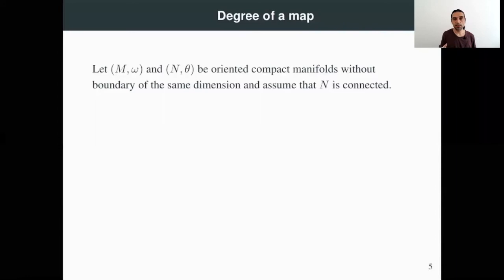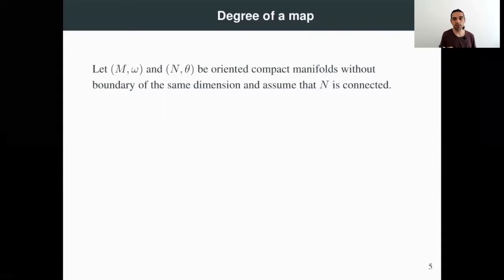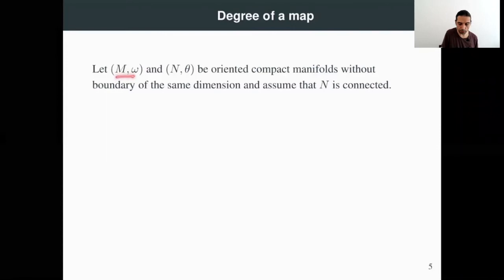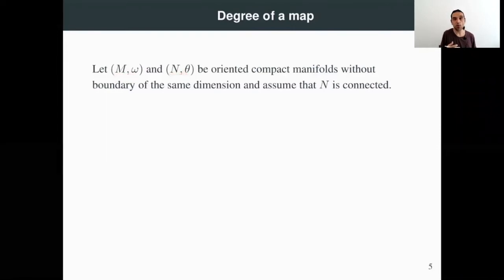So we talked a little bit about orientations. Now we are going to try to define the degree of a map little by little, introducing new properties that are going to allow, at the end, to define this degree and show that it is a homotopy invariant. So consider M omega and N theta oriented compact manifolds without boundary of the same dimension and assume that N is connected.